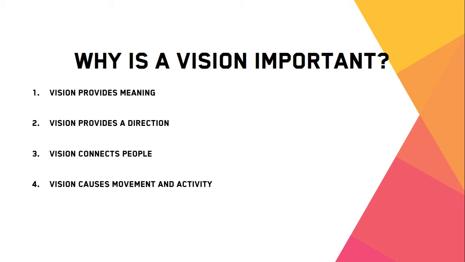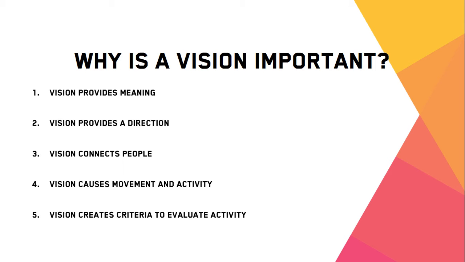And lastly, the vision functions as a criteria to evaluate activity. You can always cross-check your activity with the vision to see if you're still on track. So a vision provides meaning, direction, connection, movement, and functions as a criteria to evaluate activity. For these reasons, it's very valuable to establish a vision with your SDG team.